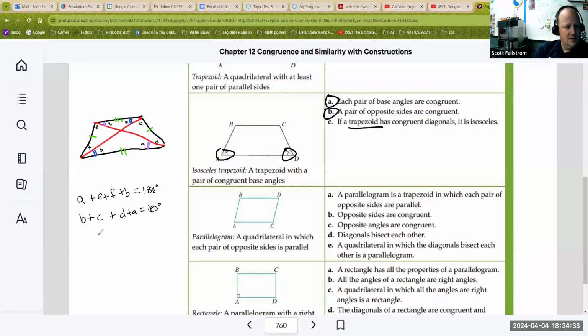So let me get rid of the A plus B on both sides. So I have E plus F has to equal 180 degrees minus A plus B, and C plus D has to equal 180 degrees minus A plus B. Okay, there we go. So that means by transitivity, E plus F is the same as C plus D.